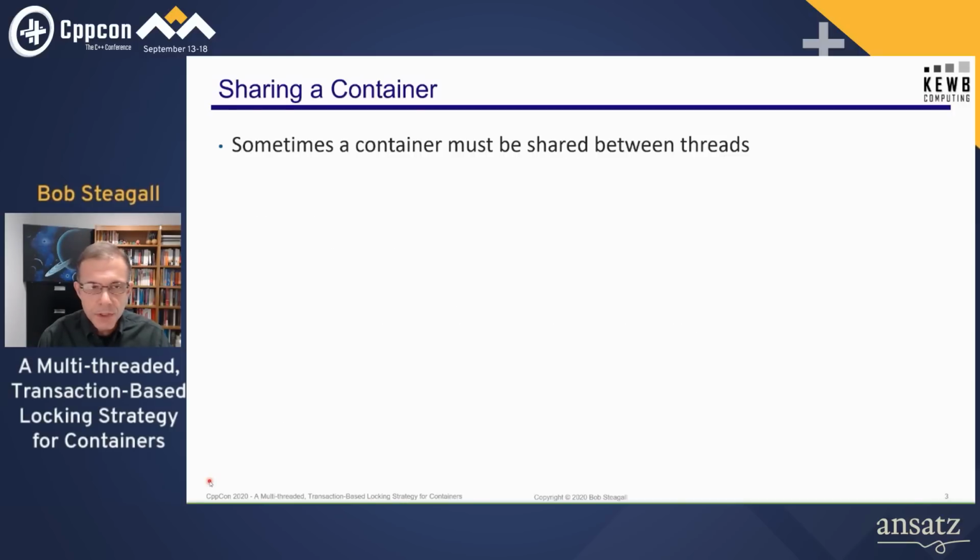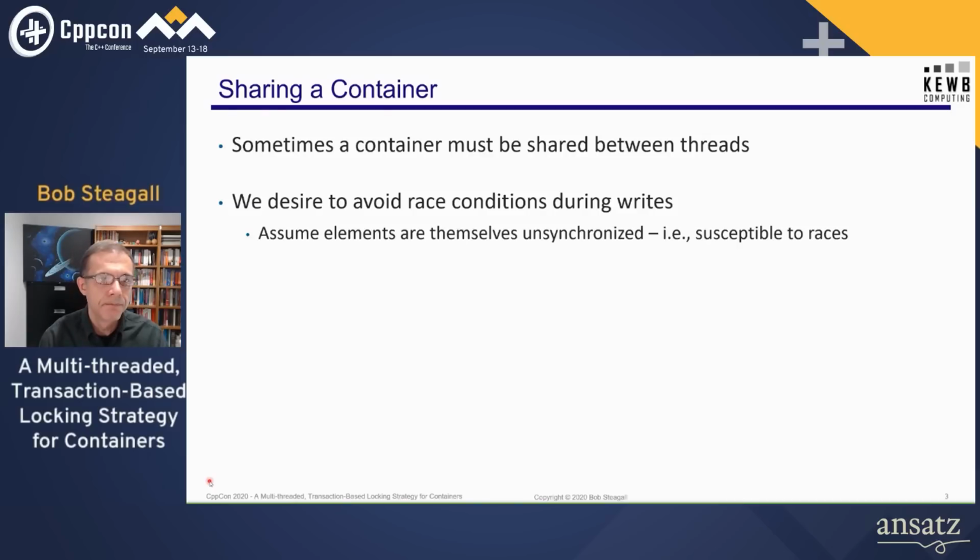So sometimes we have a multi-threaded application and we absolutely need to share it amongst threads. And if we need to write to that container, we want to avoid race conditions. We don't want to have corrupt data. So for the algorithm I'm about to describe, I'm going to assume that elements in the vector are themselves unsynchronized.